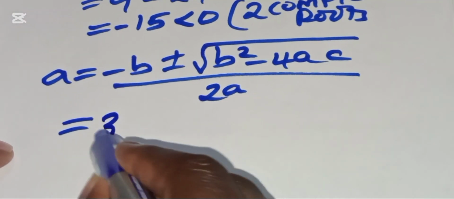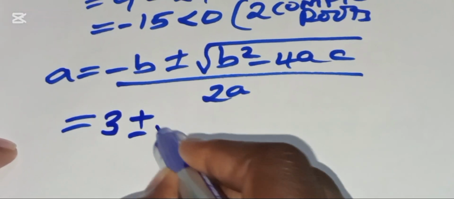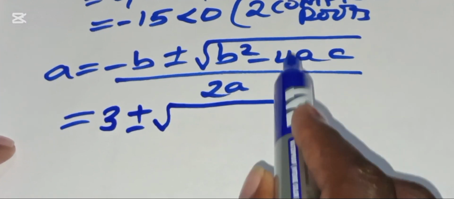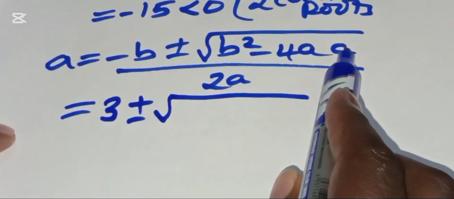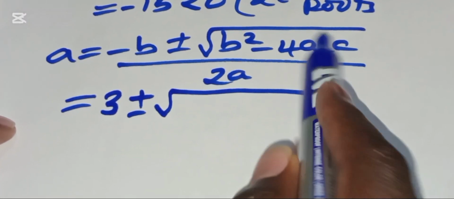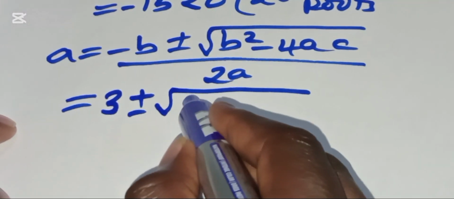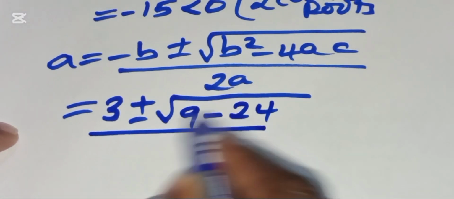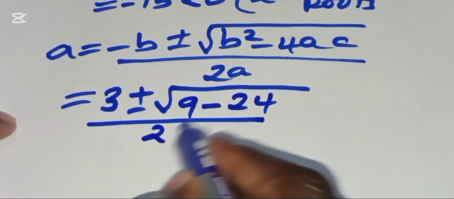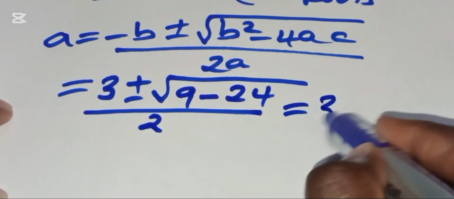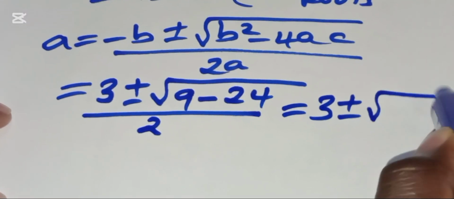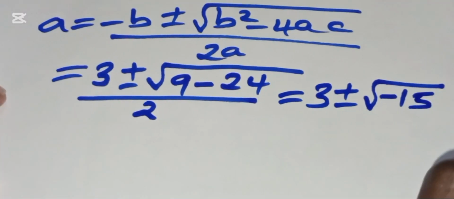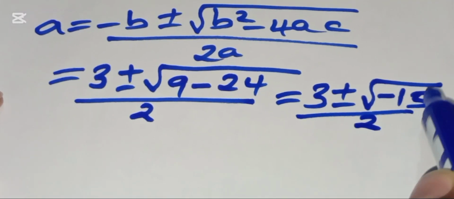So that is 3 plus or minus the square root of b squared minus 4ac, okay? B squared minus 4ac is the same thing as 9 subtract 24 divided by 2 times 1, which is 2. Now, we'll have 3 plus or minus the square root of negative 15 divided by 2, okay?